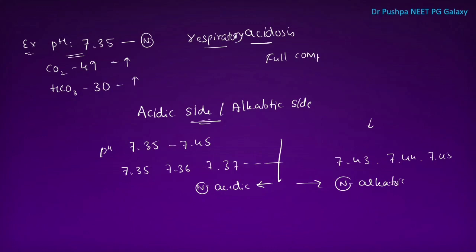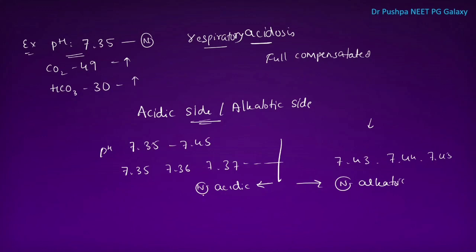Fully compensated respiratory acidosis. Why is it called fully compensated? Because after compensating by increasing the bicarbonate level, pH has come to normal level. The body has compensated completely, so it is called full compensation respiratory acidosis.